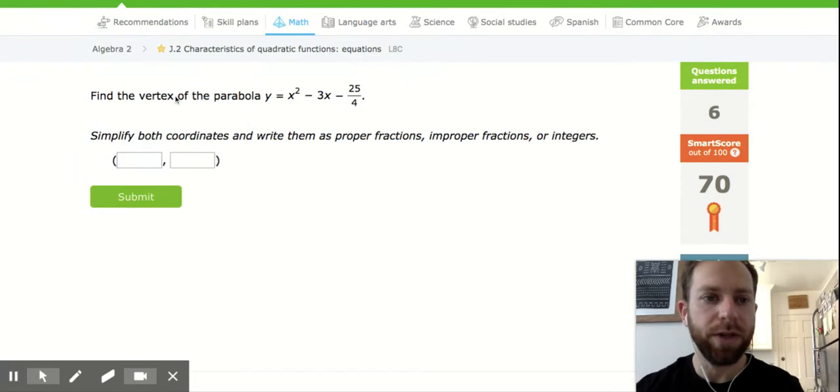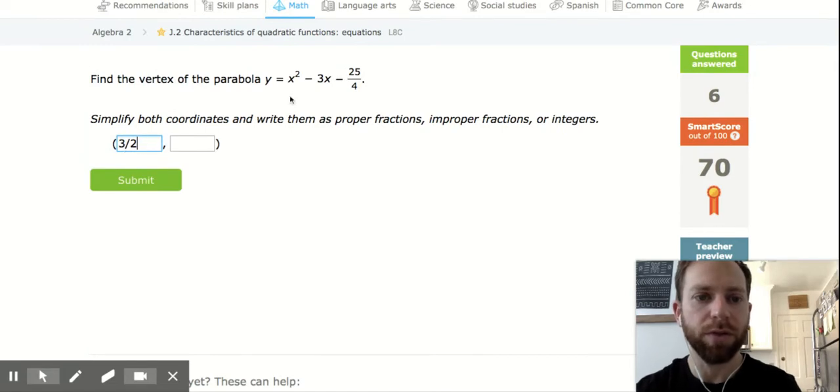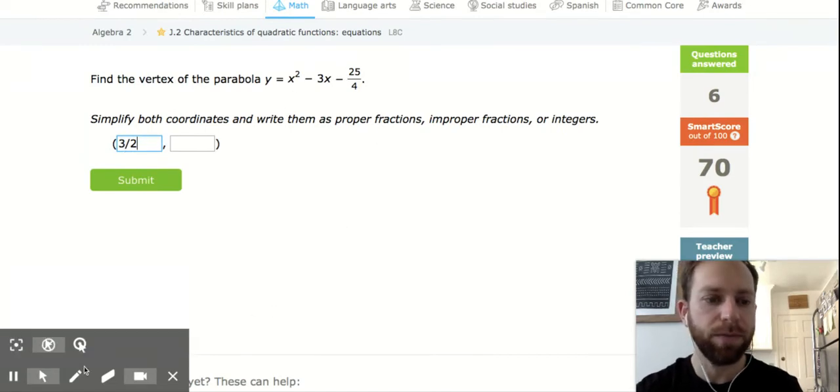Remember, for this vertex, you want to do x equals negative b over 2a. So negative negative 3 would be positive 3 over 2a. That would be 2 times 1. So that would be 3 over 2. And then to get the y value, you would just plug in 3 over 2 into the equation and solve for it.